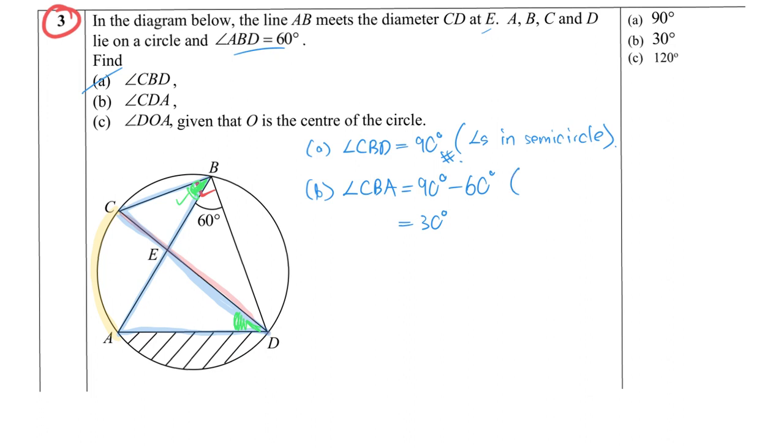We call this complementary angles, meaning 90 minus 60, okay? They add up to 90, the two angles. Next, angle CDA will be the same exact angle, 30, because of angles in the same segment, which is our third circle property.